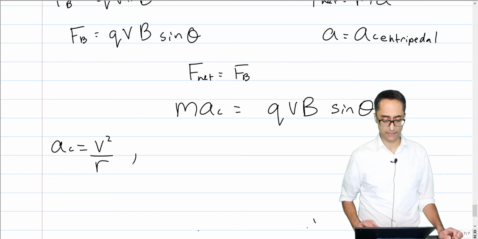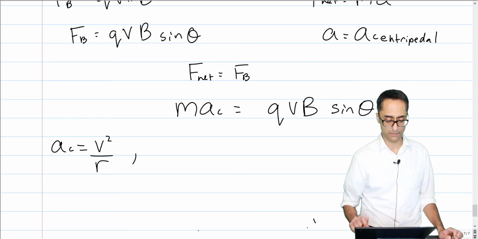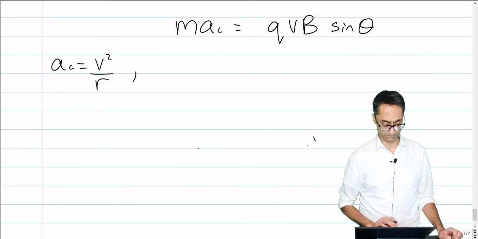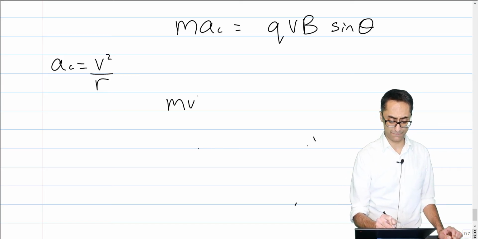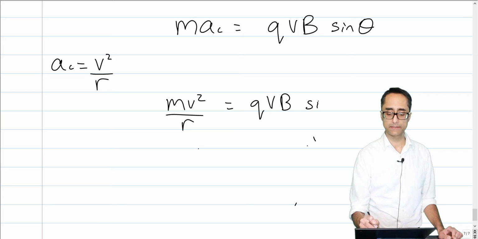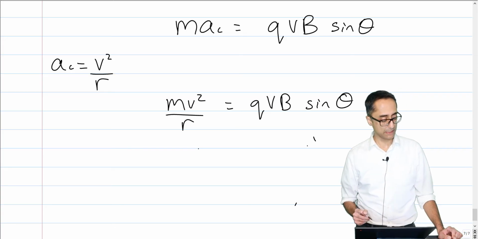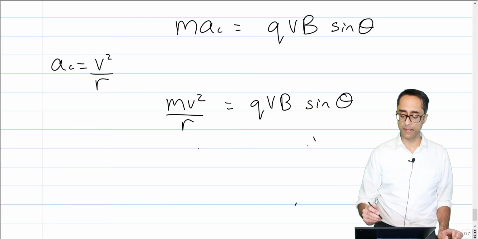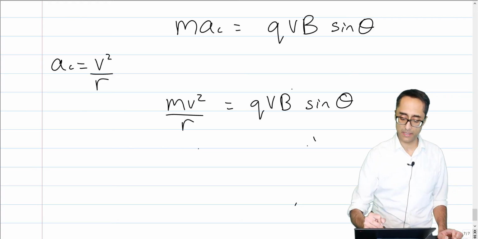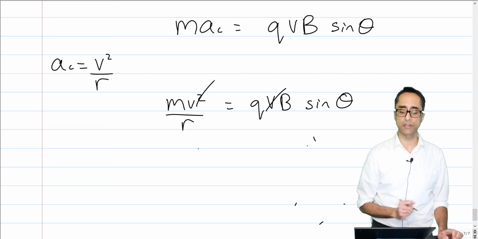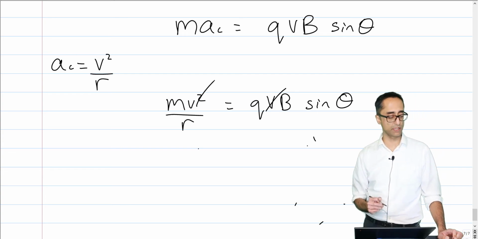And we get m v squared over r is equal to qvB sine of theta. We can clean things up a little bit by realizing we have a v on this side, and we can cross it out with that v. So we're just dividing both sides by v.